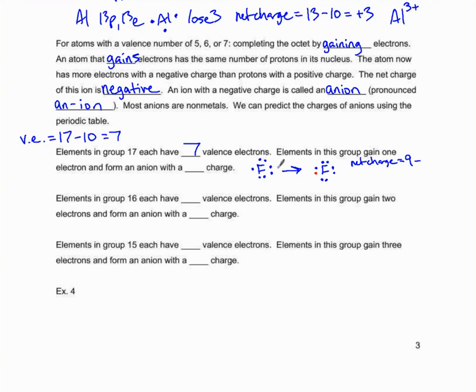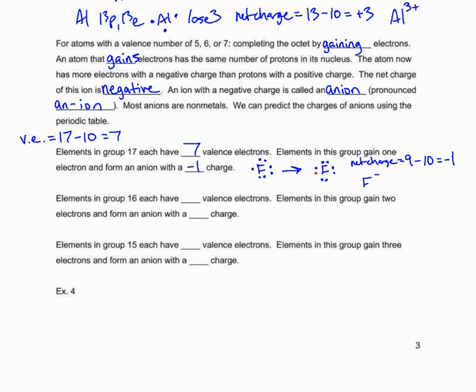It had 9 electrons here. Now it's got 10. And so 9 minus 10 tells us the charge is -1. So things in group 17 with 7 valence electrons form an anion with a -1 charge. We end up here with a fluorine with a -1 charge.